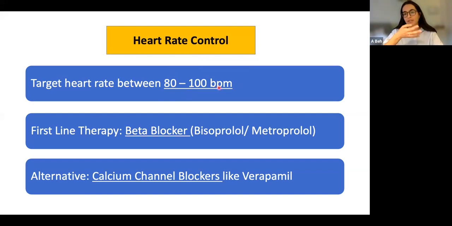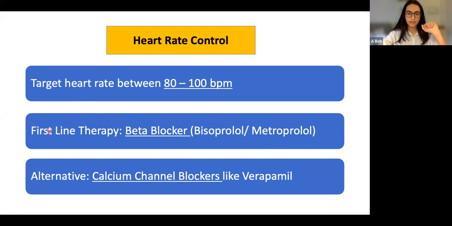Note that you should always correlate this clinically with your patient. If he's feeling fine with a heartbeat of around 85 to 90, then it's completely fine. You don't have to suppress it until it's 79 or 75 or something. You should always check in with how your patient is feeling. And if he's already feeling better, if he's having no more symptoms, then this is completely fine.